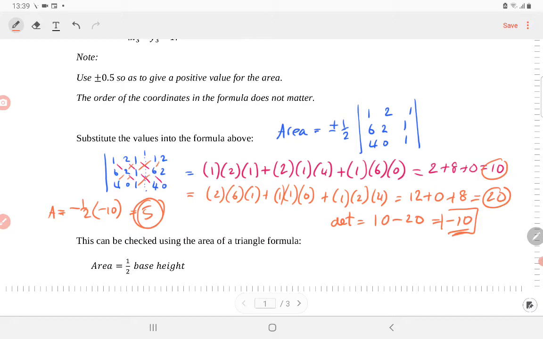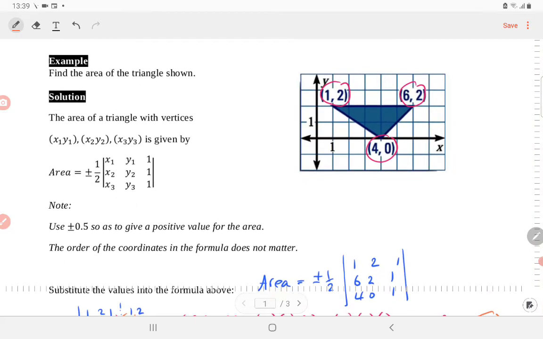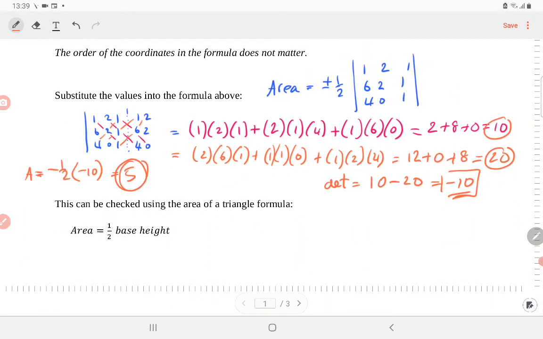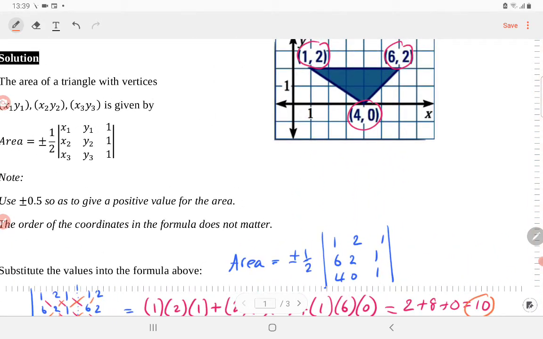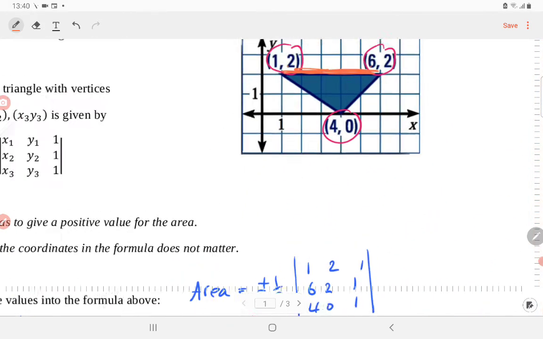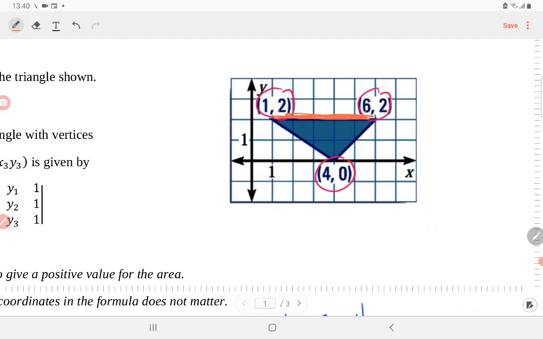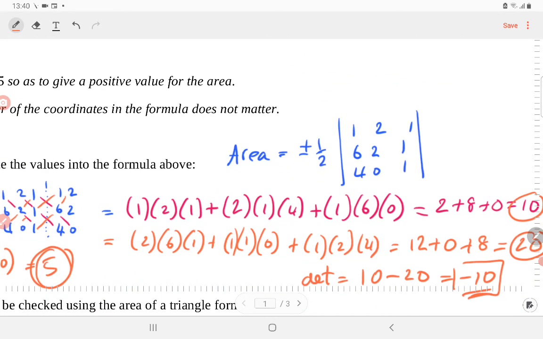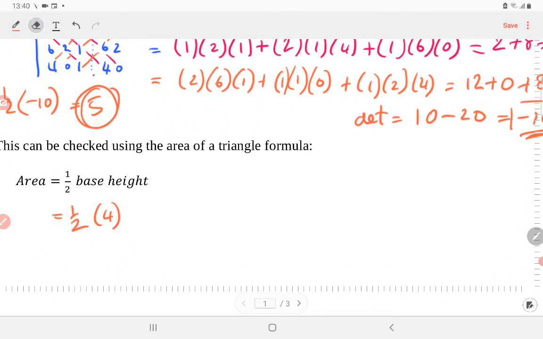And we can check that using the area formula. So we'd have a half. Look at your base of your triangle here. So the length of this line is 6 minus 2, which is 4. Sorry, 6 minus 1 is 5. There. Let's change that to 5.